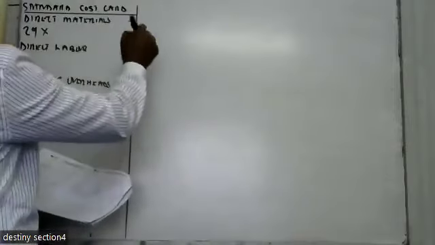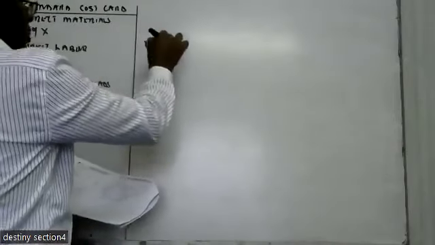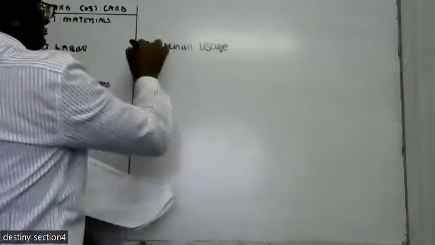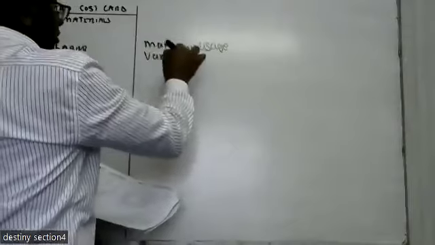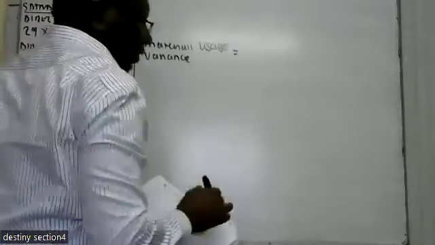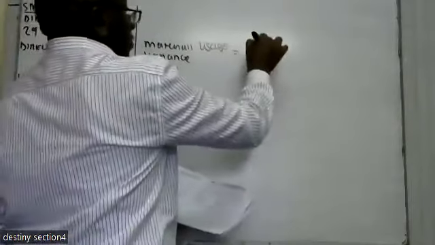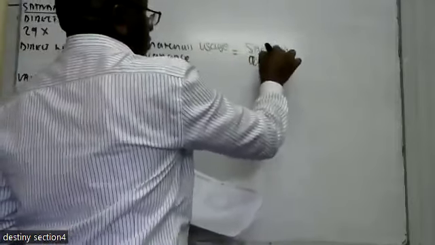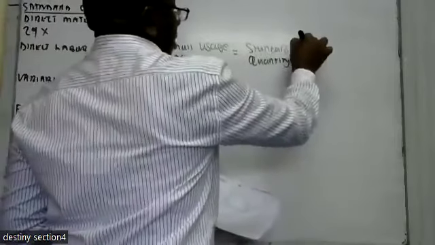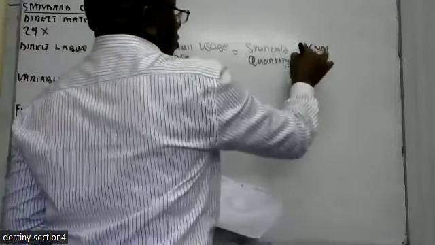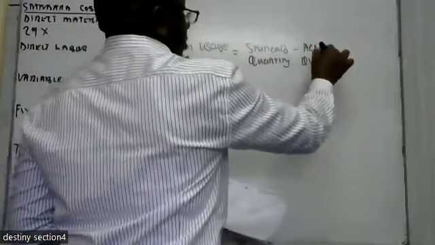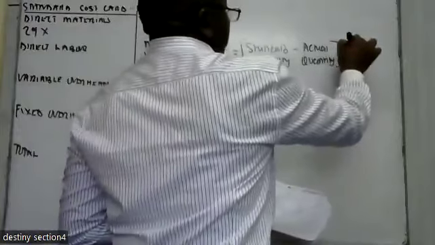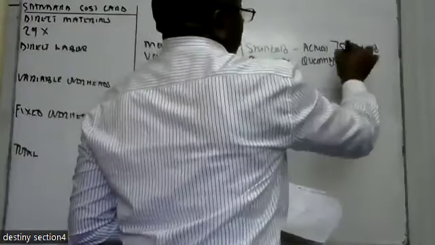Material usage variance is equal to standard quantity minus actual quantity, you multiply by standard price.